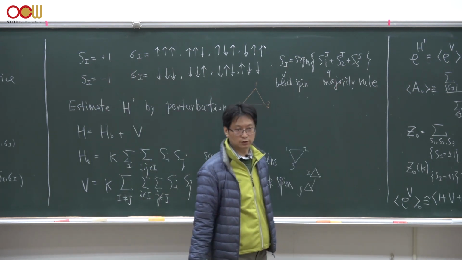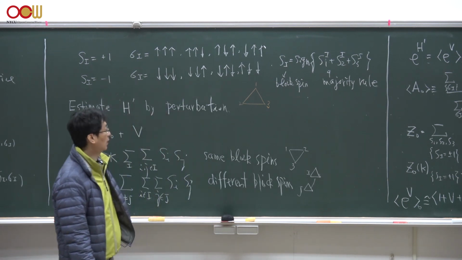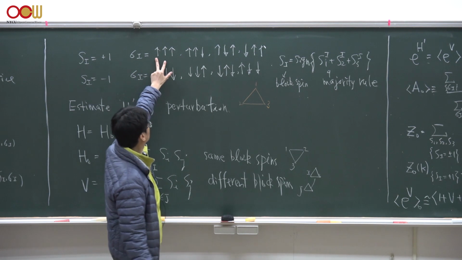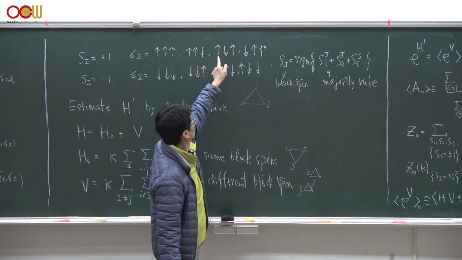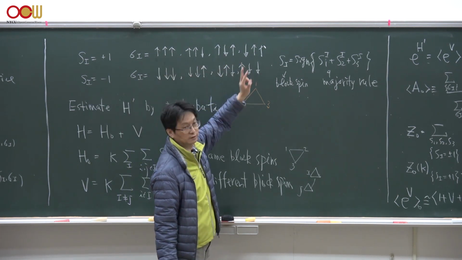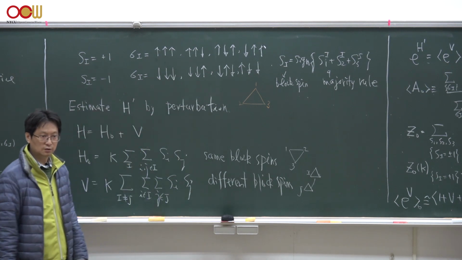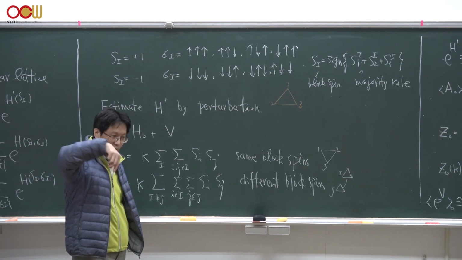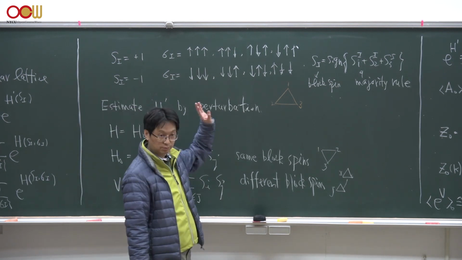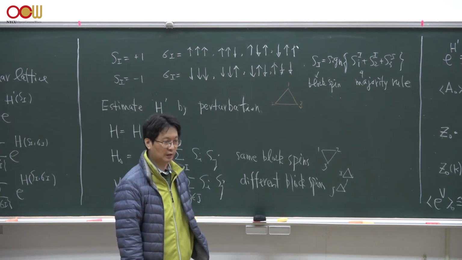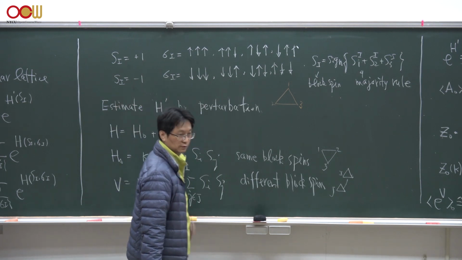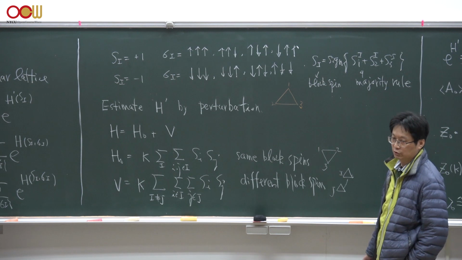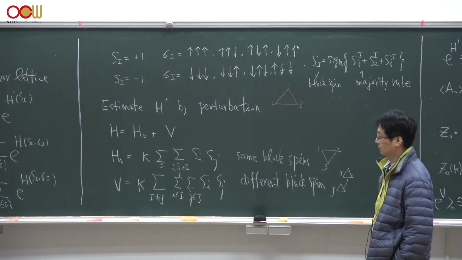So if the sum of the 3 spins is positive, then this is +1. For example, 3 up, or 2 up and 1 down, either the middle one down or the first one down. So 2 plus spins and 1 minus spin gives you a plus configuration. And likewise, if the majority of the spins are pointing down, then this block spin should also point down.